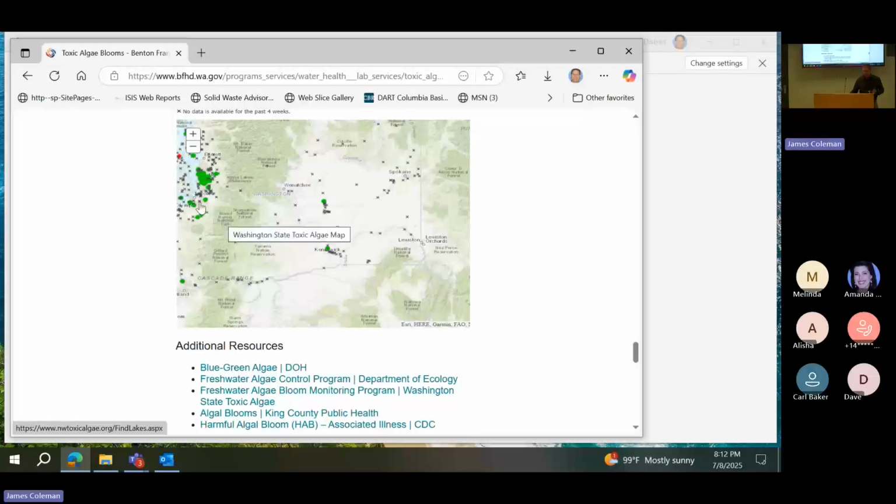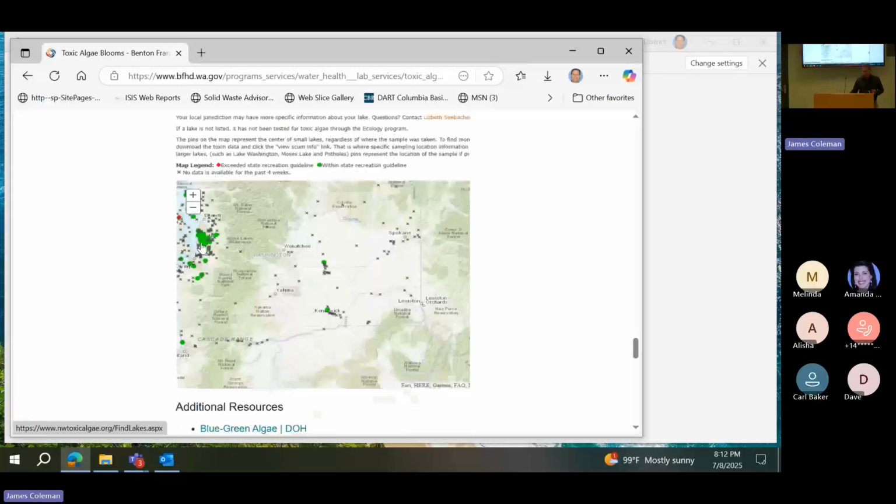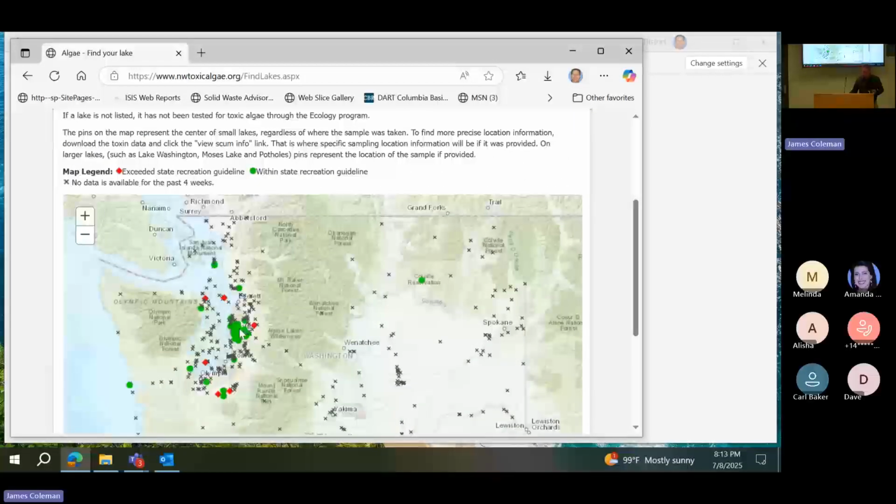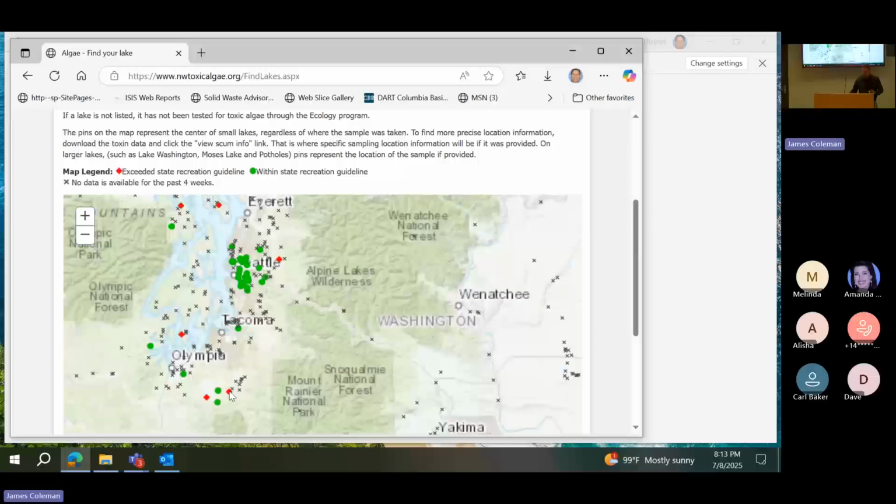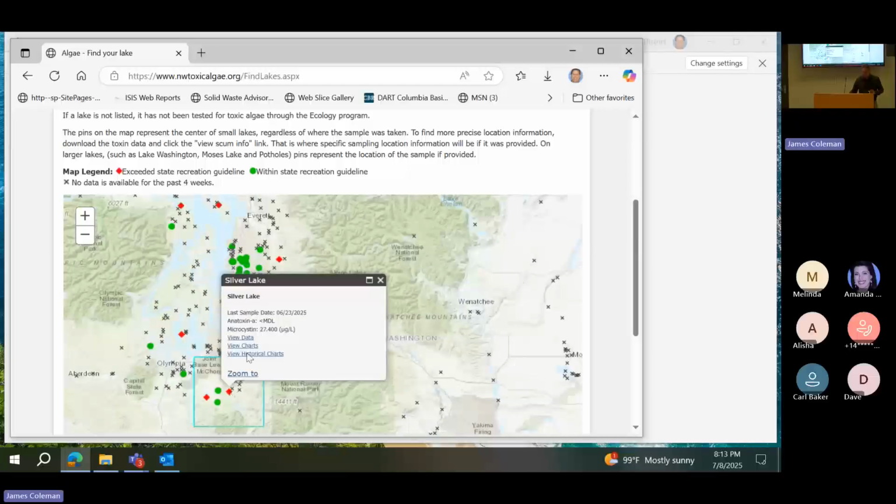So let's say you're going to Seattle and you're going to go to Green Lake, or you're going to some lake south of Olympia, you click on it here, and in Silver Lake right now, there are 27.4 micrograms per liter of microcystins. That's why it has a red dot, a red diamond. So this is a great source.